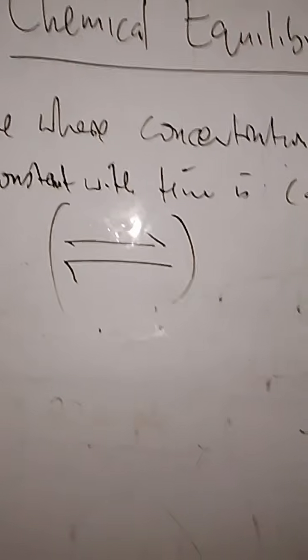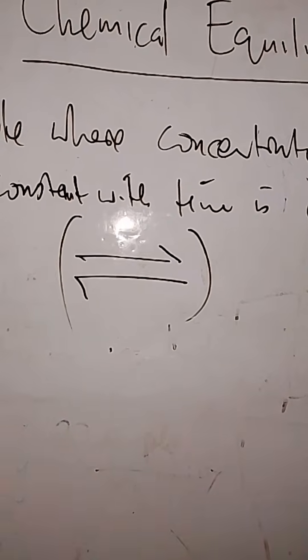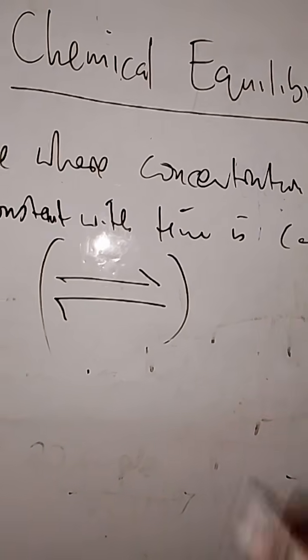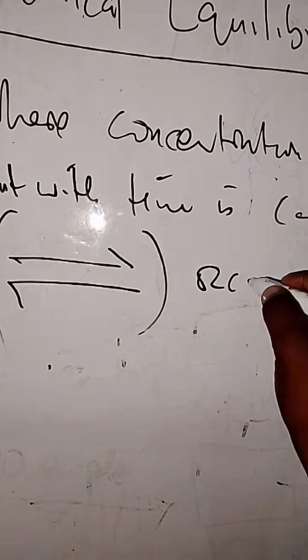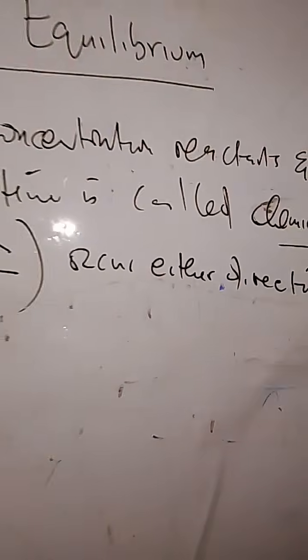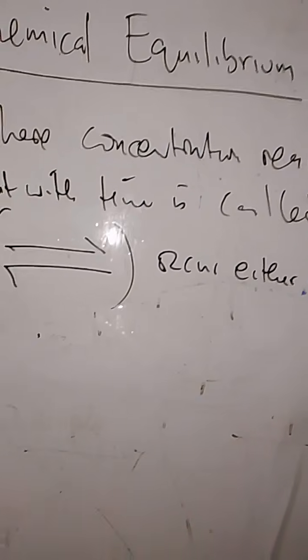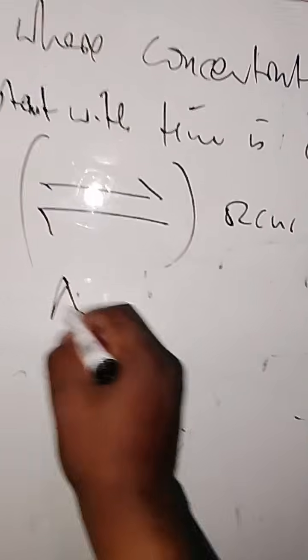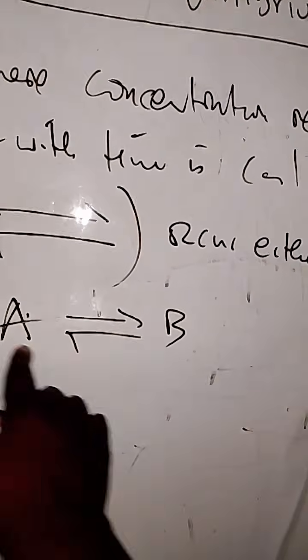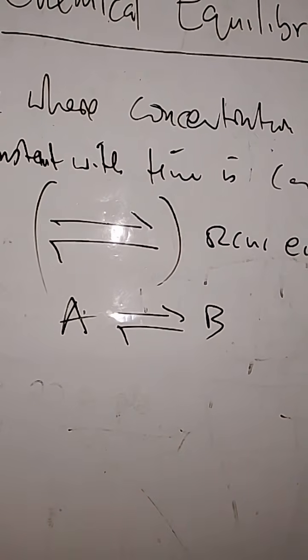A double arrow is used to show that a reaction can occur in either direction. For example, we can write A to B. A can form B, then at the same time B can form A.